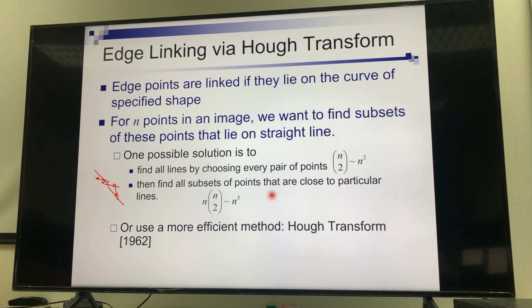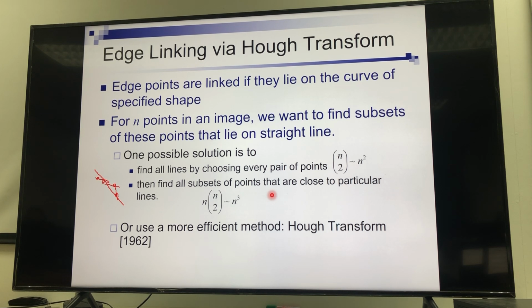Suppose you got 100 edge points and you have to do this to find the straight line. How much is 100 edge points cubed? It's 1 million iterations. It can be very tedious.